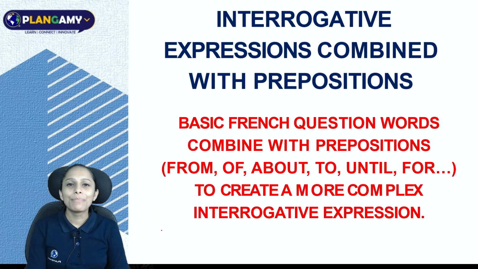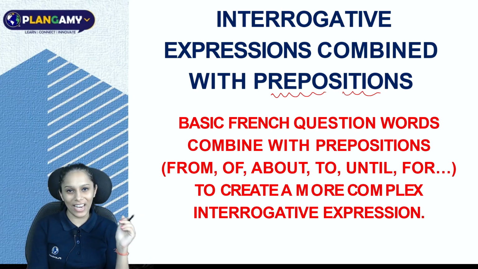Now moving further, we have interrogative expressions combined with prepositions. So we will learn some of the questions which use prepositions in French. Basic French question words are combined with prepositions like from, of, about, to, until, for, and so on to create a more complex interrogative expression.